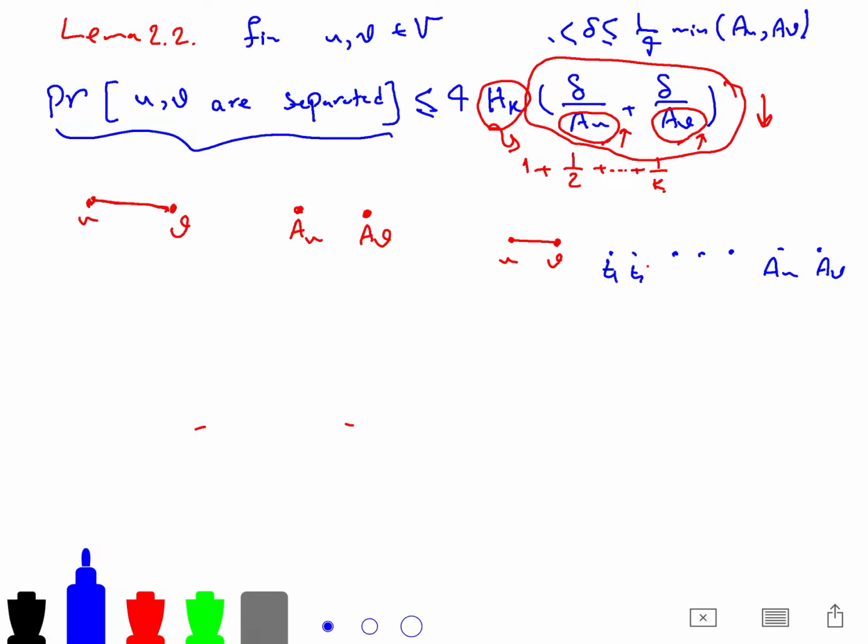For example, terminal 1, terminal 2, terminal 3, terminal 4, terminal 5. Because if these terminals are in between, then they have the chance to be assigned to U and V much sooner than AU and AV.